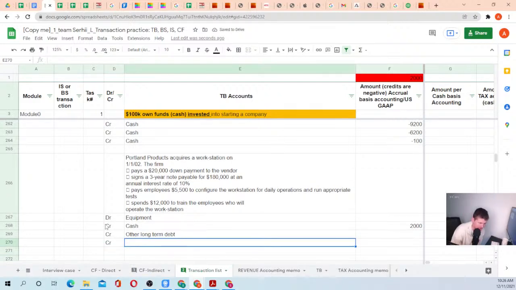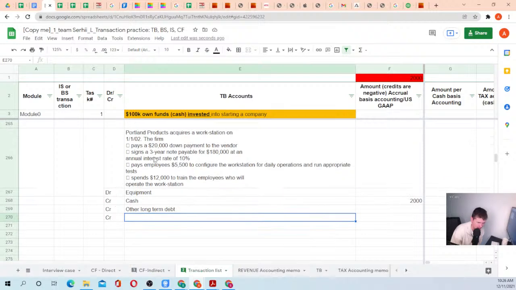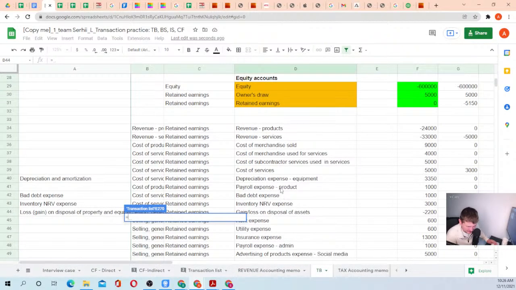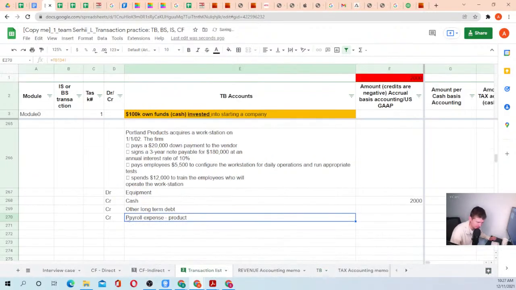Most of the time when we pay the employees to do something, that will reflect in our payroll expense. So I would say we first debit, we most likely credit payroll expense, but we will also need to make sure that, let it be payroll expense product.